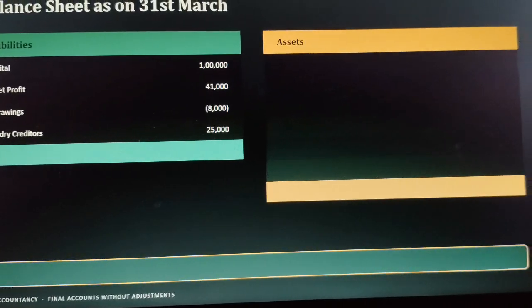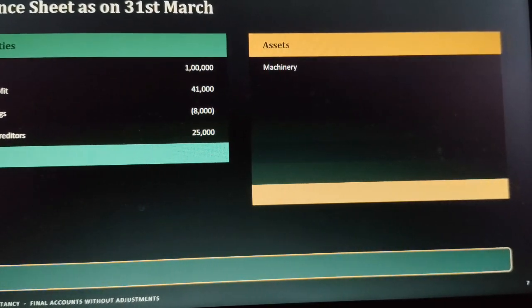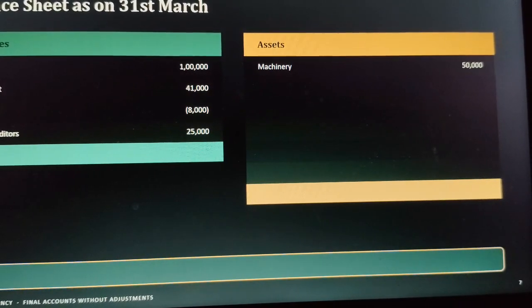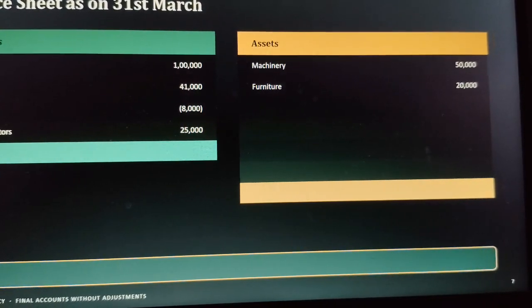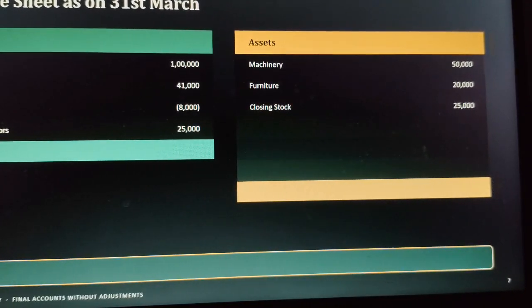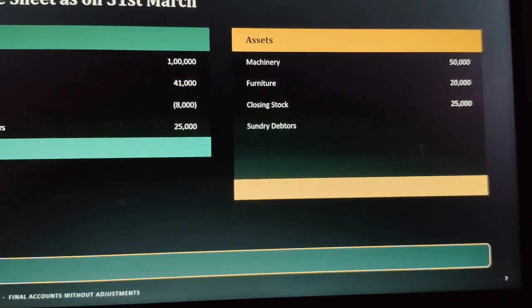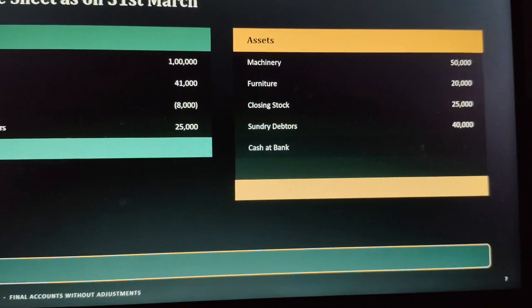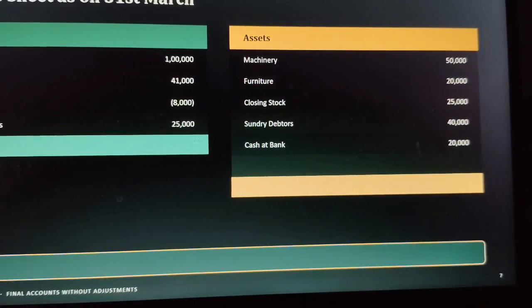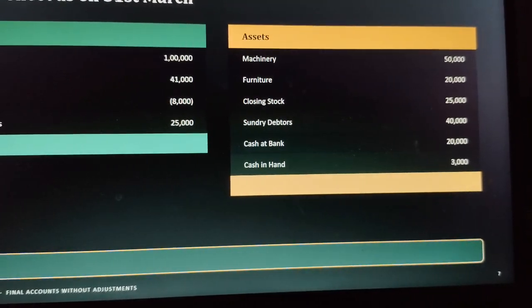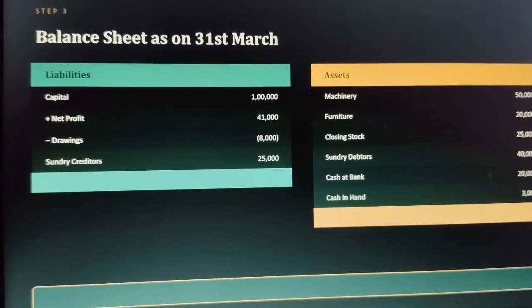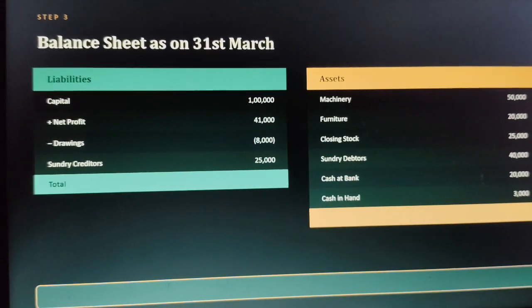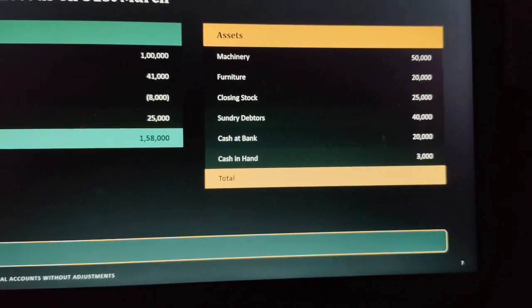On the asset side, we have machinery 50,000, furniture 20,000, closing stock 25,000, sundry debtors 40,000, cash at bank 20,000, and cash in hand 3,000. Now look at the magic as both the sides tally with a total of 1,58,000.